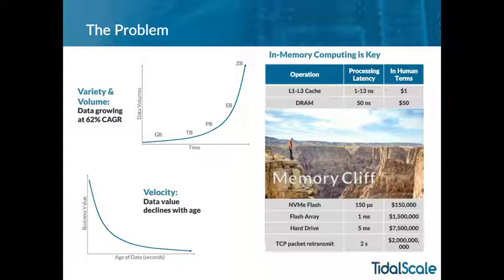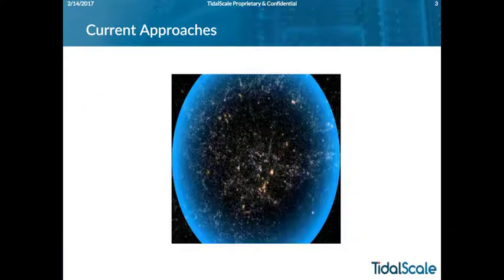That's the point of the dollar amounts on the right. Basically trying to relate that, when you're going up 2, 3 orders of magnitude, we kind of miss that change from nanoseconds to microseconds and then microseconds to milliseconds. So at TidalScale, we've called that the memory cliff. And what we're working to address and help data scientists address is to get everything into memory so that your analysis is as fast as possible.